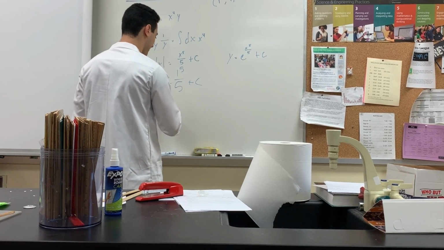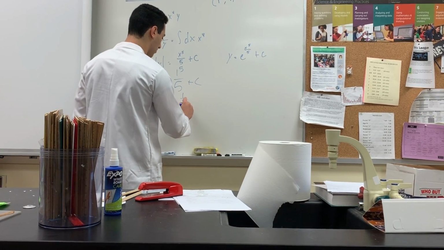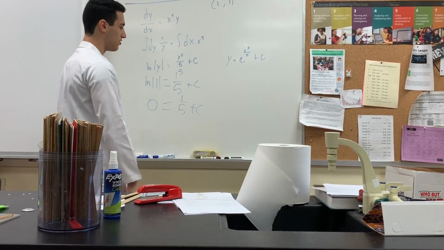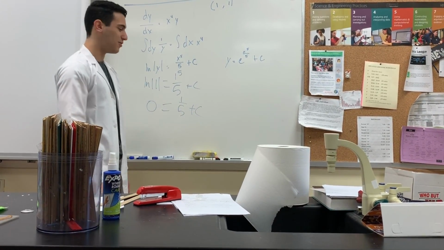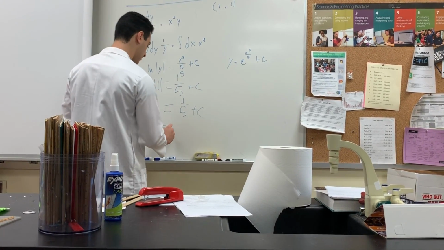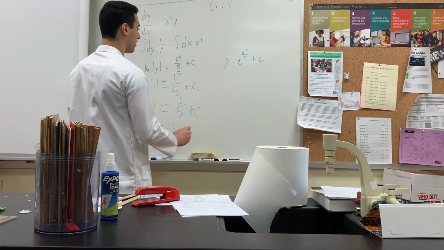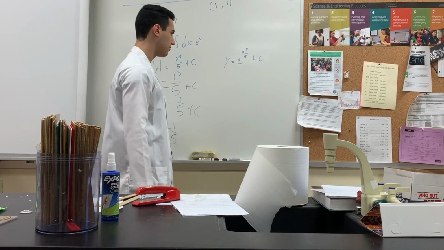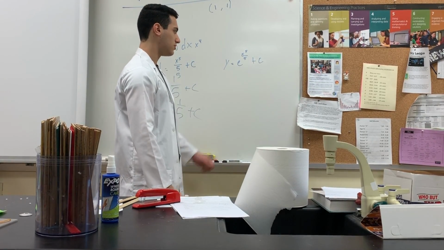Zero! 0 is equal to 1/5 plus c. Because as I just said before, 1 to the power of anything is still 1. So c in this particular solution is negative 1/5. So plugging it back in, we need to isolate for y, which we already have. Not that crazy.